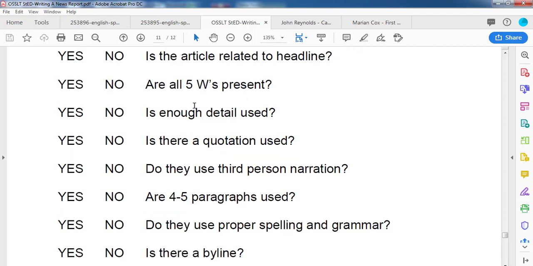Are all 5W questions presented? Is there enough detail used? Is the quotation used? Do they use third-person narration? Because in a newspaper report you can't use I or we. You can't use the first person point of view.